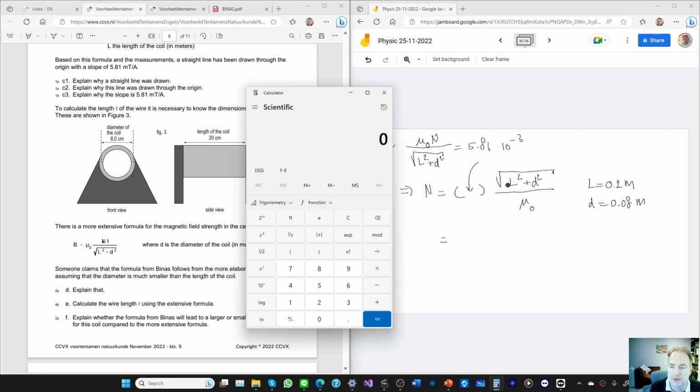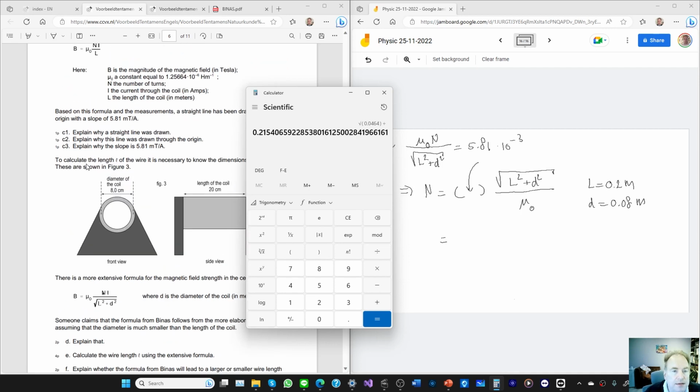So first do the square root, 0.2 squared plus, not times, 0.08 squared, and divided by the permeability of vacuum, 1.257.